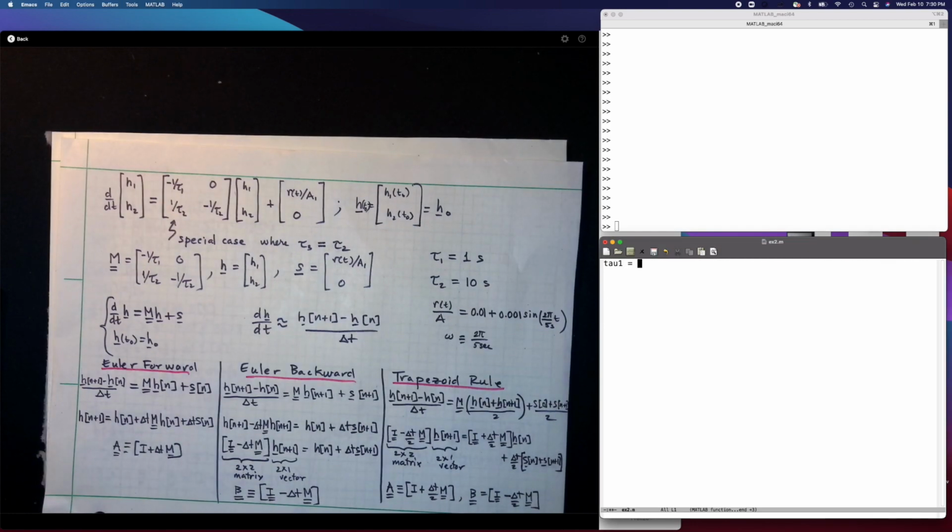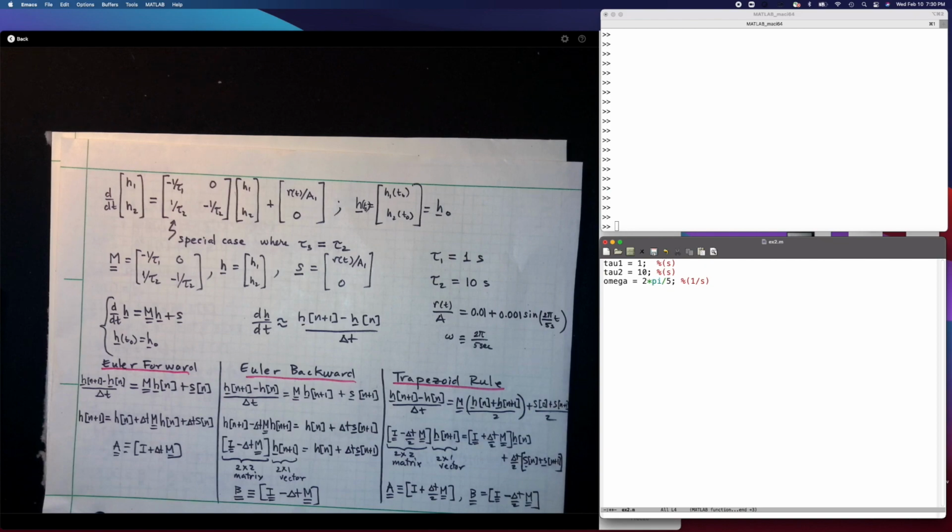Tau 1 is 1 second. Tau 2 is 10 seconds. Omega is 2 star pi divided by 5 seconds. Omega is a frequency, inverse second, 1 per second.